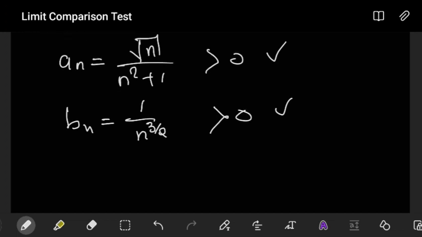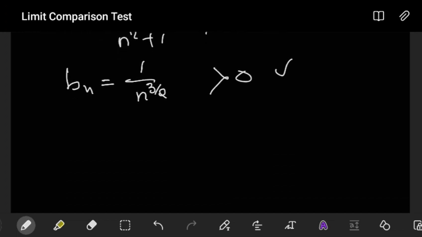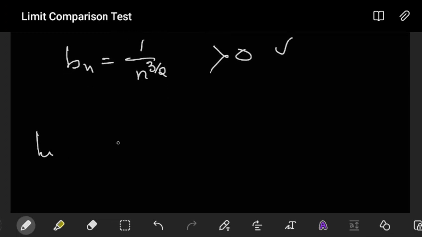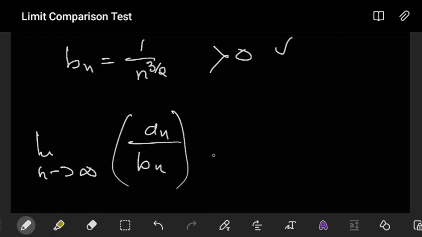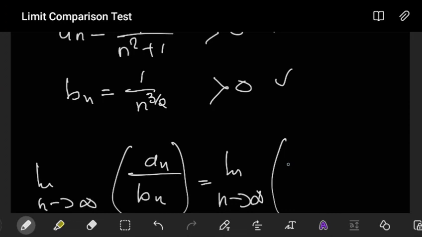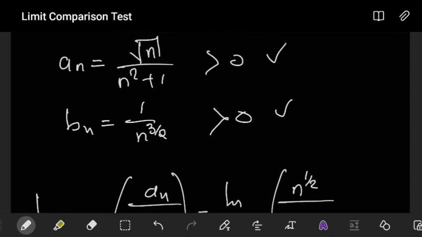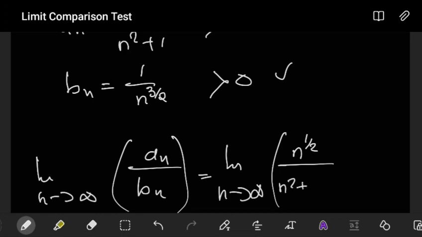Now, for the comparison to be justified, all we have to do is check the limit as n approaches infinity of an divided by bn. In this case, what do you have? It's the limit as n approaches infinity. What are our expressions? An is n to the power 1 over 2 divided by n squared plus 1.